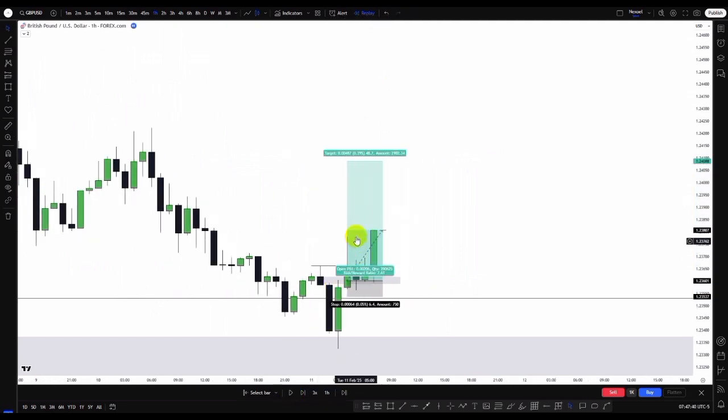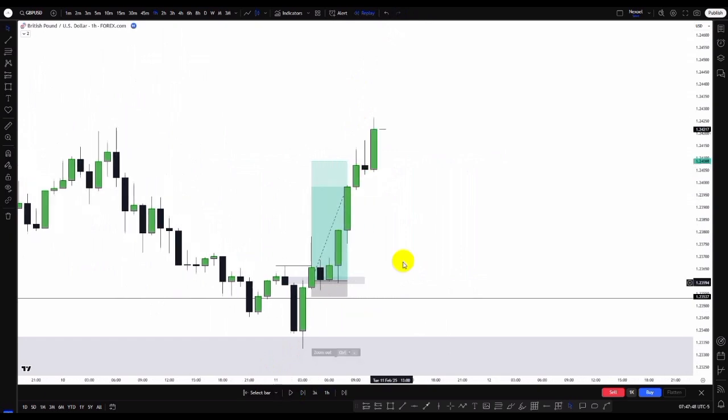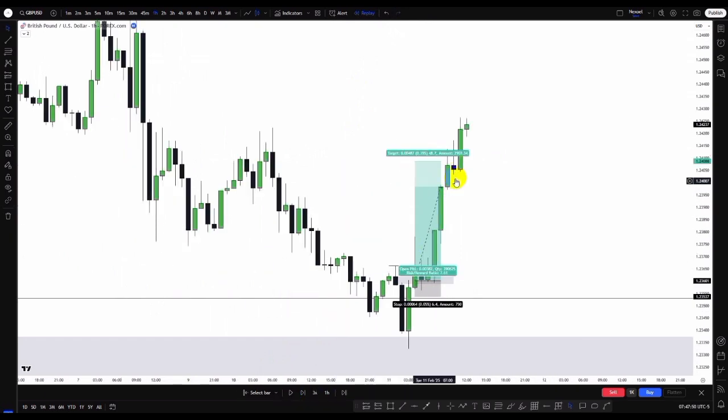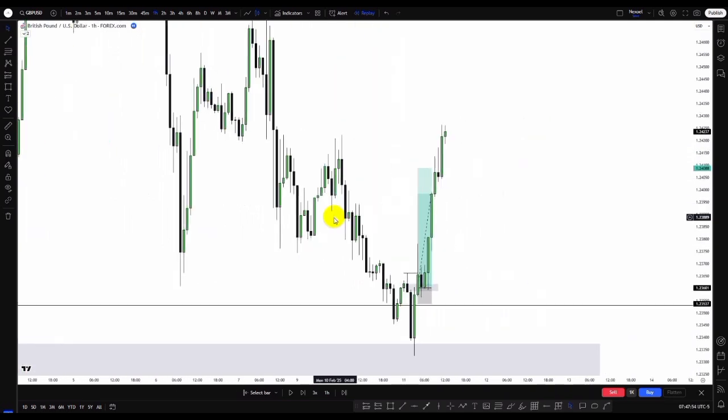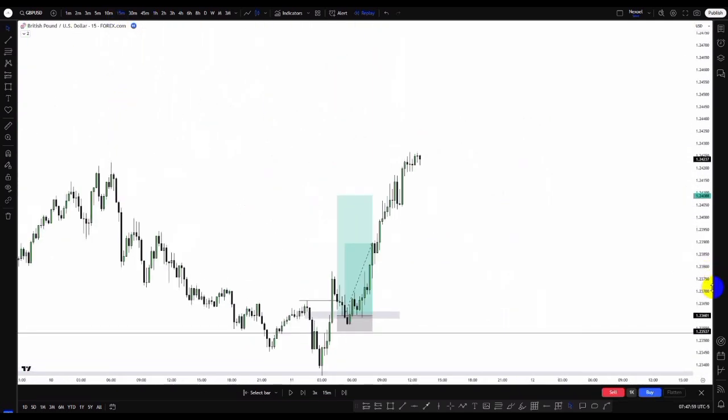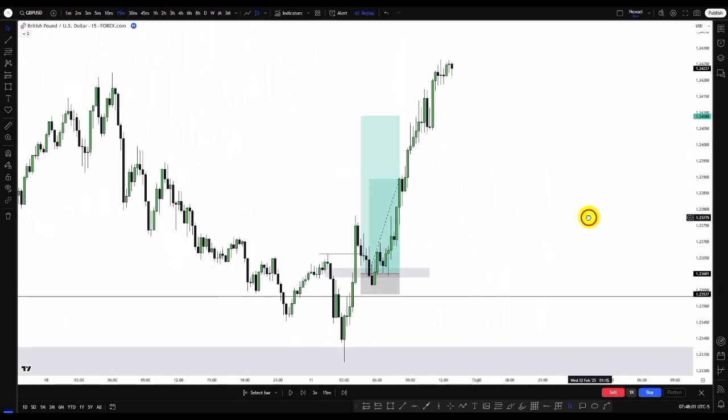So we can see now price returned to the downside, activated our trade entry, and now we can see how price is pushing to the upside. So let's see. Now we can see that price reached our target area. So let's go to the 15-minute time frame. Here in the 15-minute time frame, what we can clearly see is the return of price to the zone, and price gave the bullish movements.